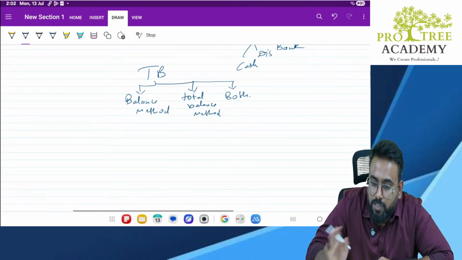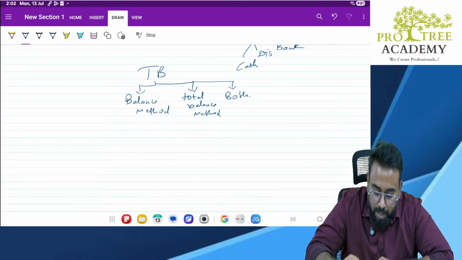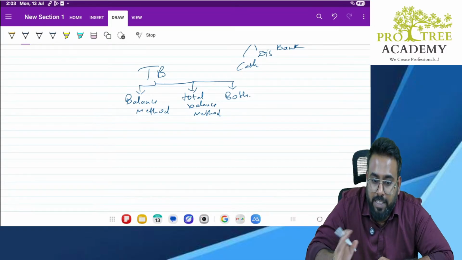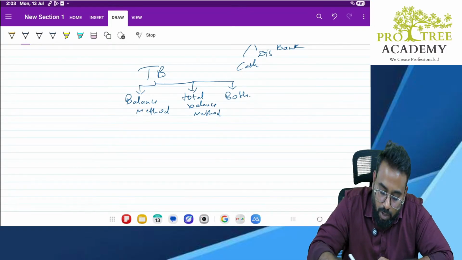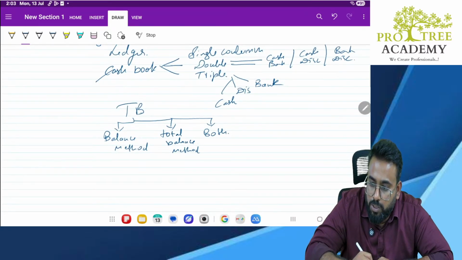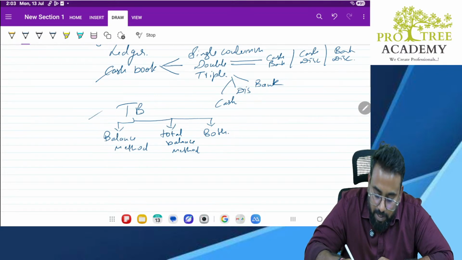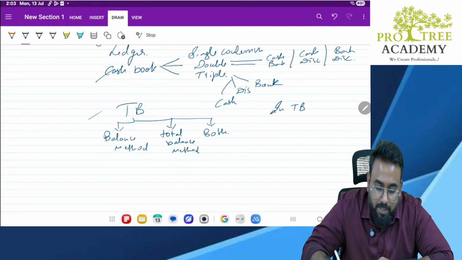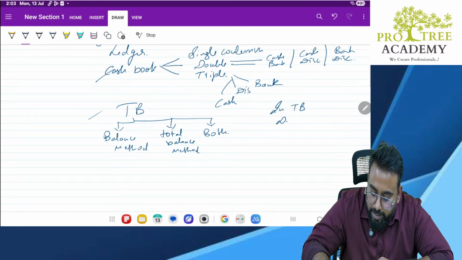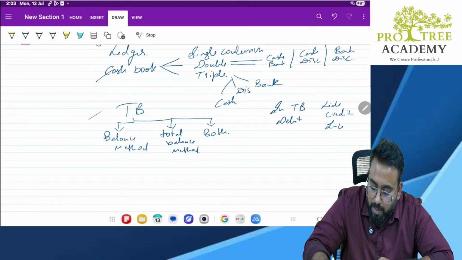Then we saw how it is actually prepared. Cash book also I explained, but we'll see how it is prepared today. We'll solve 1 or 2 questions on cash book and 1 question on trial balance. But remember, in trial balance, all the assets will come on the debit side, all the liability credit, income credit, capital credit.